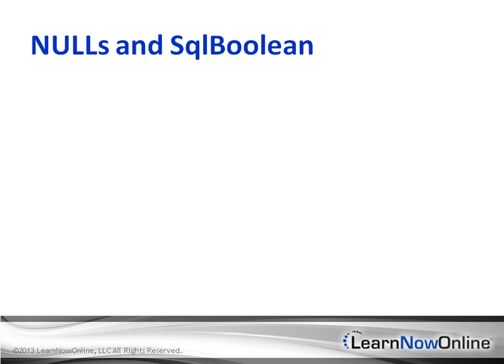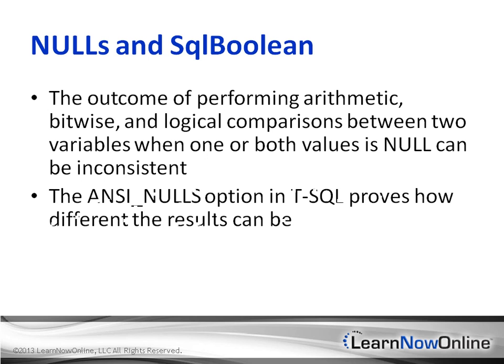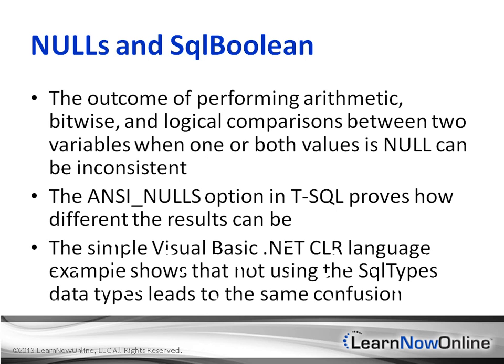So now let's discuss the SQL Boolean data type. The outcome of performing arithmetic, bitwise, and logical comparisons when you're dealing with variables that have null values can be inconsistent. The ANSI nulls option in T-SQL proves just how different the results can be. The simple VB.NET example showed that not using the SQL types actually led to that confusion.